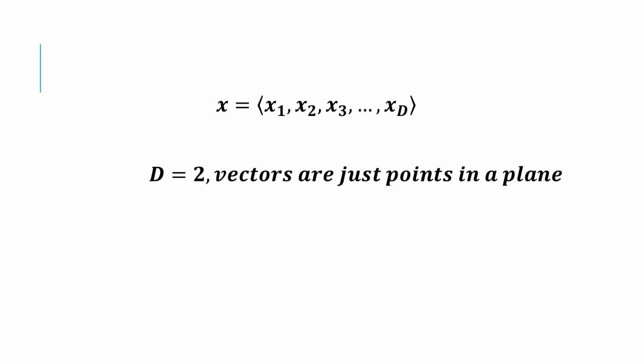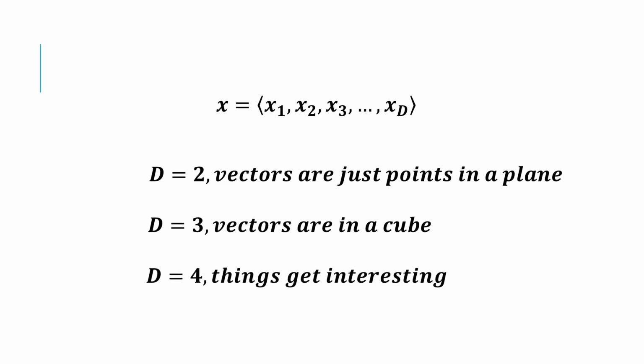For 2 dimensions, feature vectors are just points in a plane. For 3 dimensions, feature vectors are in a cube. It gets a little tricky for 4 dimensions, and we need to avoid the temptation to think of it as time.